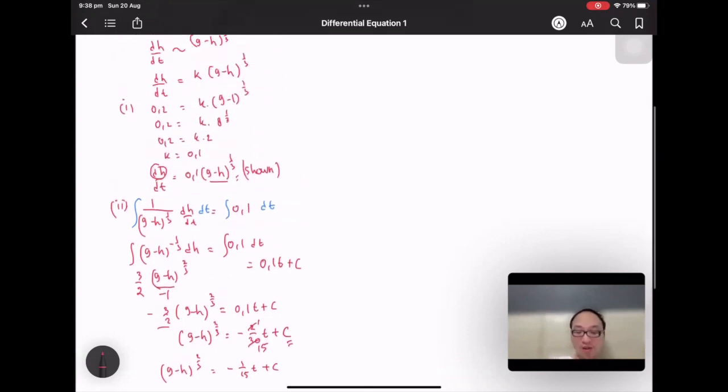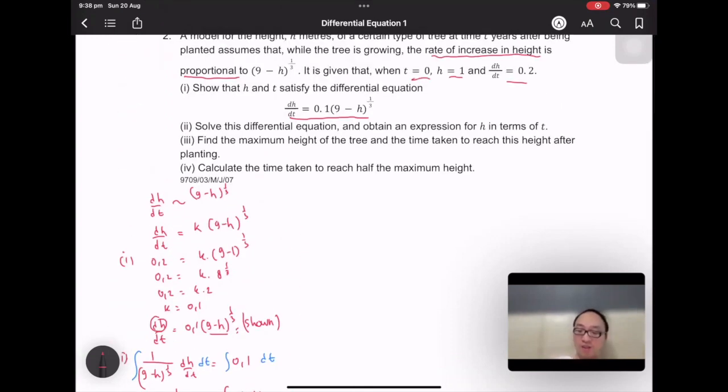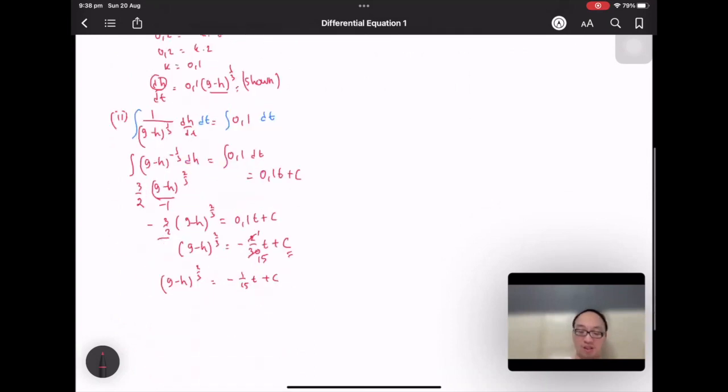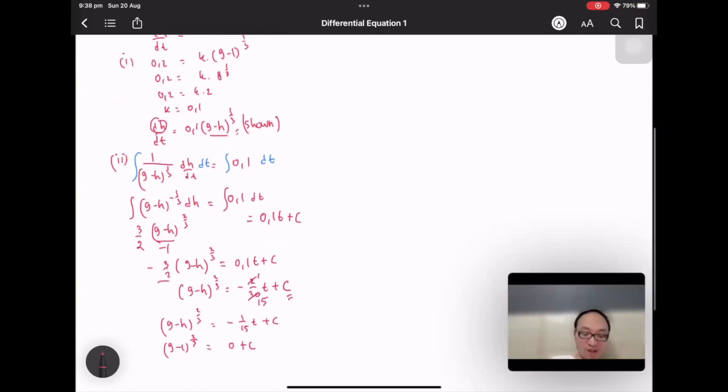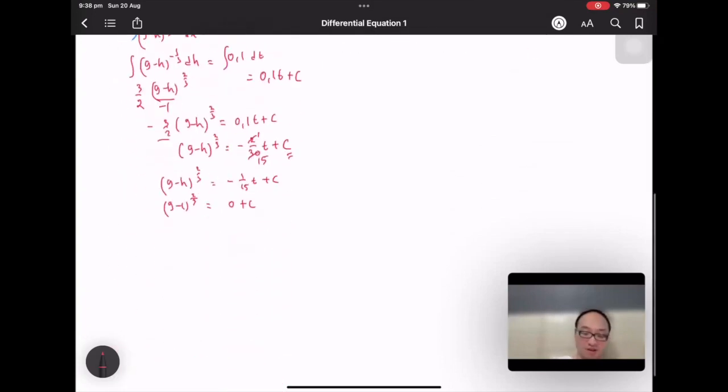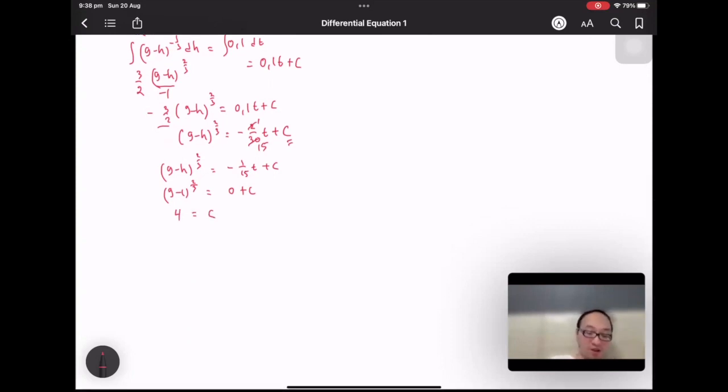And then we can put in again the information: when t is 0, h is 1. So (9 minus 1) to the power of 2/3 equals 0 plus c. So we can find c: this is 4, equals c. So the equation will be (9 minus h) to the power of 2/3 equals minus 1 over 15 t plus 4.